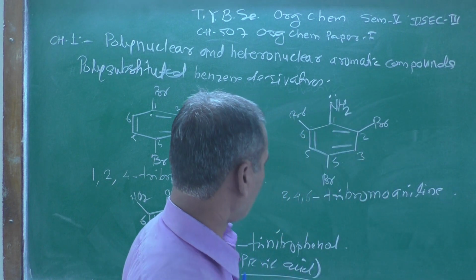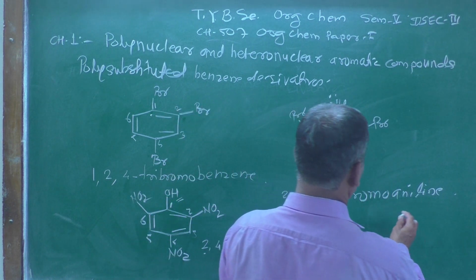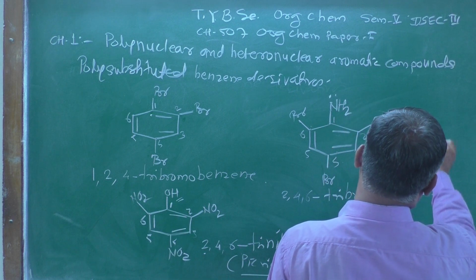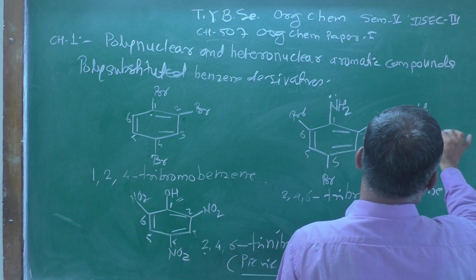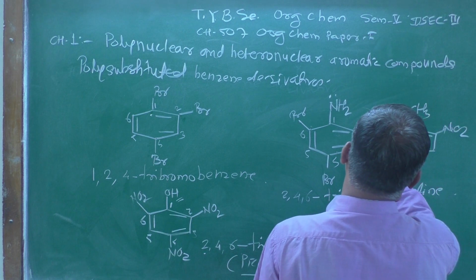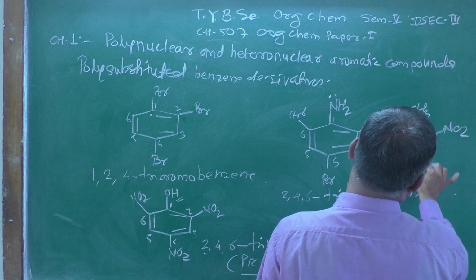Now one more structure which I am going to draw over here. You can remember this structure: CH3, then NO2, here O2N, then NO2.